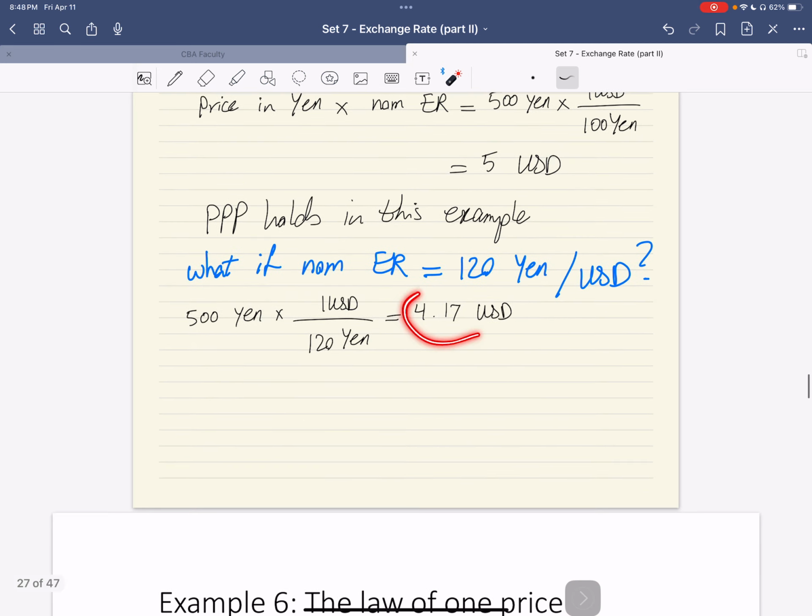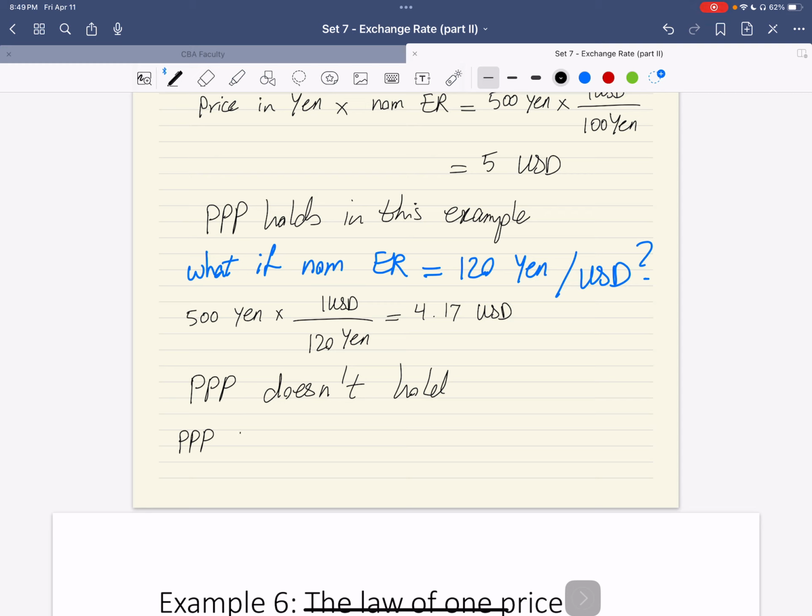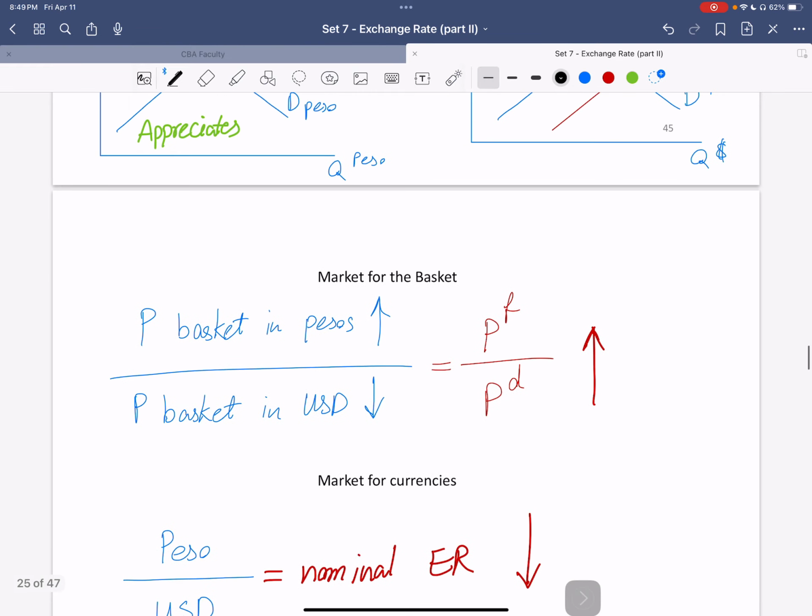So you see what happens? This is not equal to $5 in the US. So PPP in this example doesn't hold. And the PPP theory expects yen to appreciate, just like this example earlier.